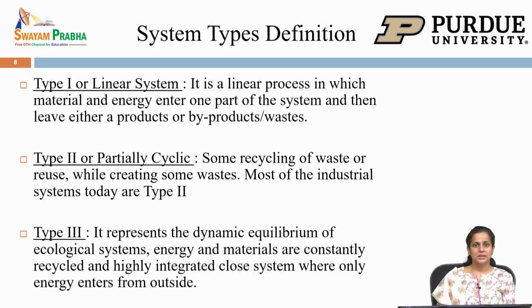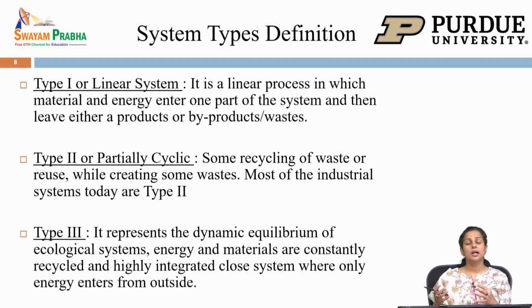The last one is type 3, which is the most ideal. Here you have all the components of the system in dynamic equilibrium, like ecological systems, and energy and materials are constantly recycled. This is a highly integrated closed system where only energy enters from outside. So, you can see that nothing is coming into the system from outside in terms of material, and nothing is leaving the system.